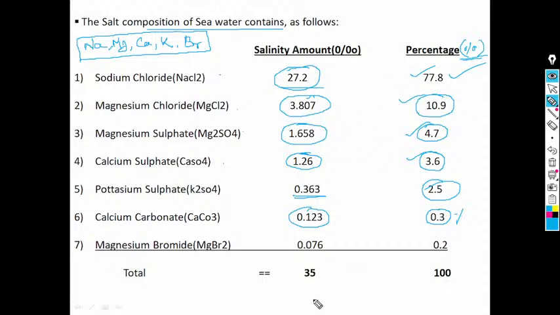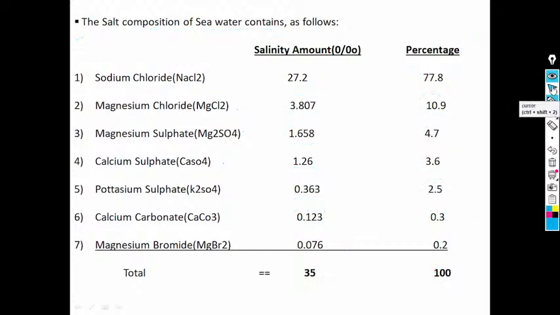If I add all these things, it comes to nearly 35 percent salinity, and the percentages come to 100 percent. Let's see now.